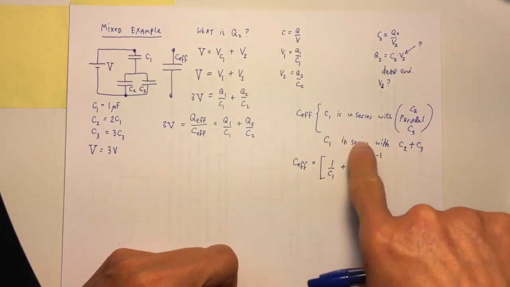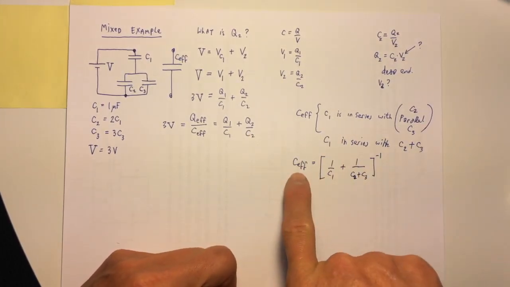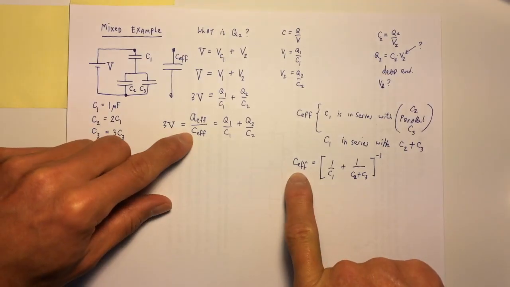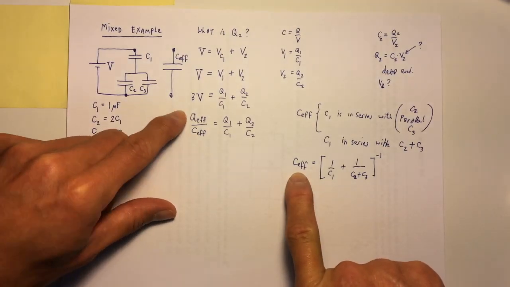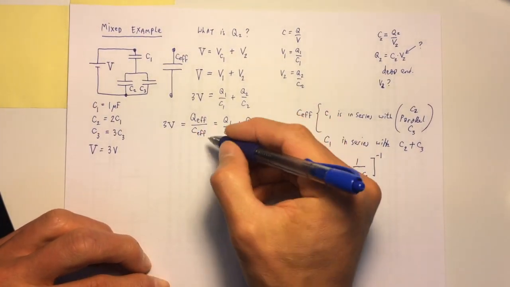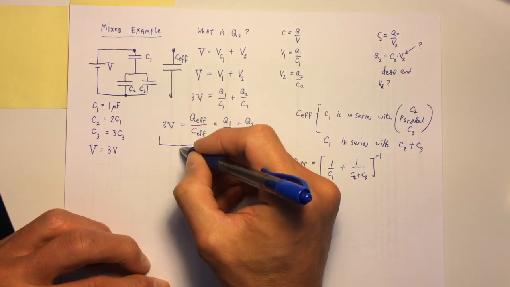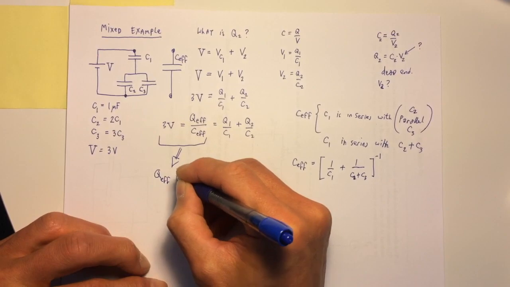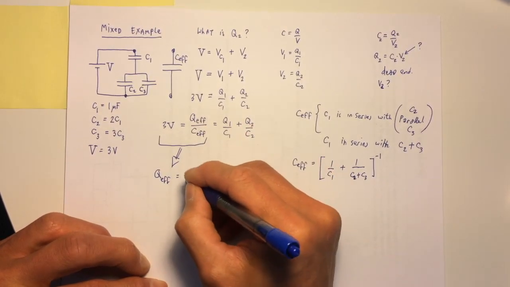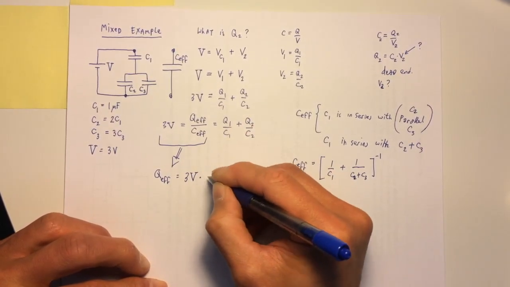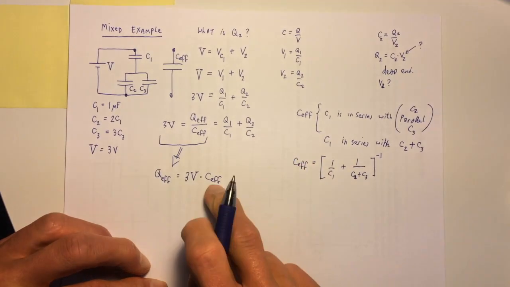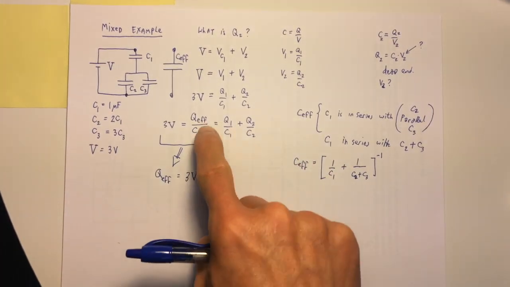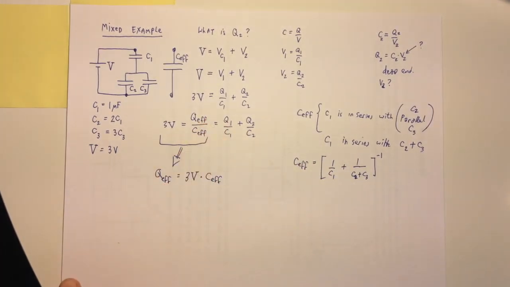This is something I know all the values to get if I want. So I could put them in there. And what this will give me is, if I just use this part, Q effective equals 3 volts times C effective, which I can get a number for. So that's somewhere I can take a step.